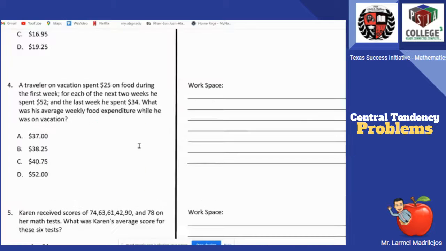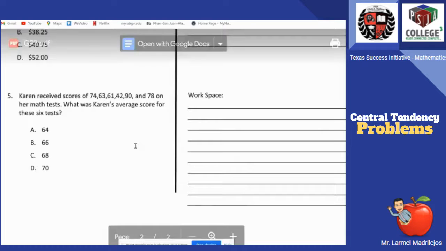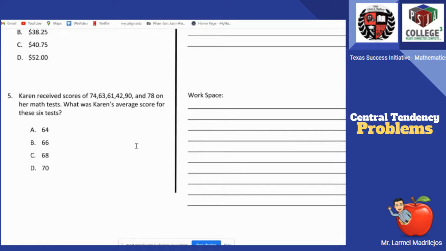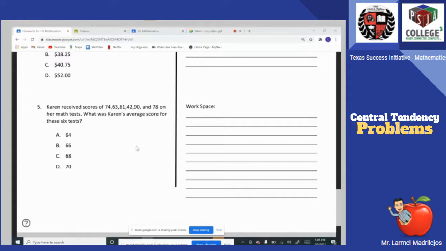Last question, question number 5. Karen received scores of 74, 63, 61, 42, 90, and 78 on her math tests. What was Karen's average score for these 6 tests? So I'm going to add everything.